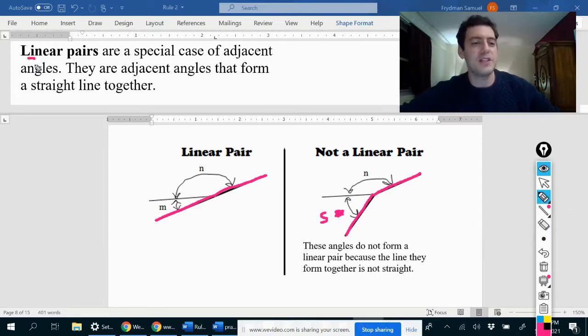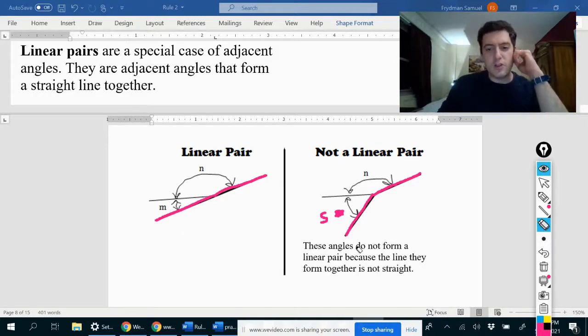Some people say, oh, I see the word I. Some people say, oh, I see the word a. Some people say, oh, I see the word ear. Oh, I see the word near. So there are actually a lot of words in there. But the word that we're talking about is line. Okay. So these angles do not form a linear pair because the line they form together, this over here, is not straight. All right, so let's move on now.